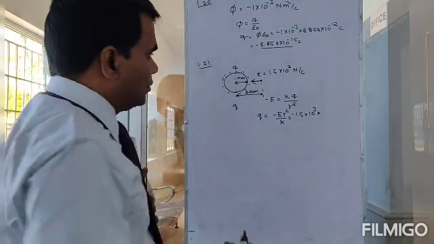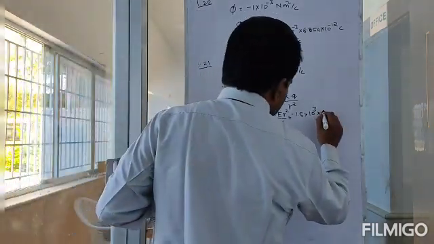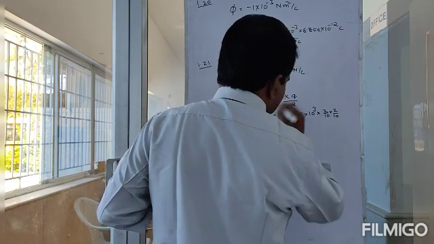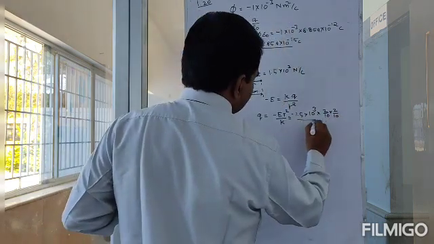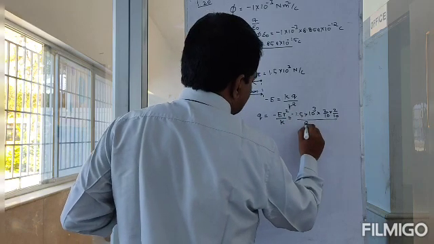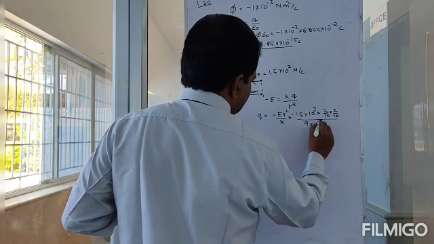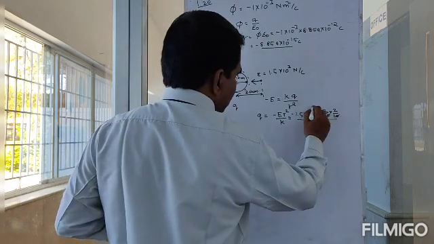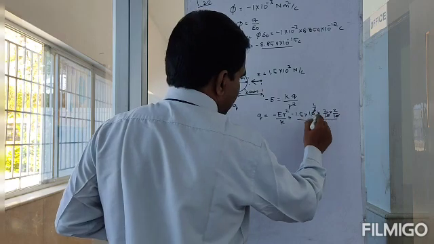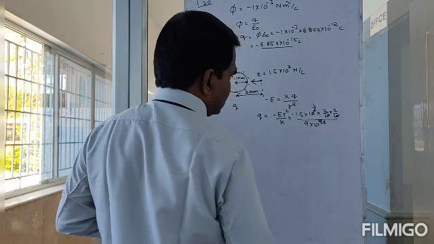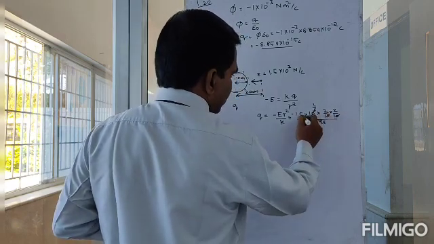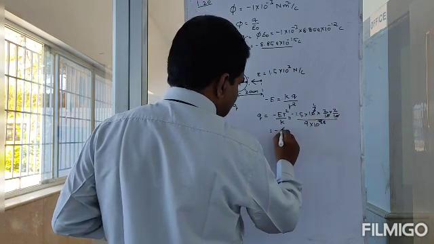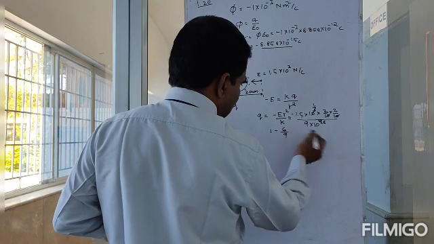So 2 by 10 into 2 by 10 meters, divided by K, which is 9 into 10 power 9. Okay, so this and this will go, we will have just 1. So this will go, we will have 8. Okay, so this is 4. 4 into 1.5 will be 6. 6 by 9. So minus 6 by 9.